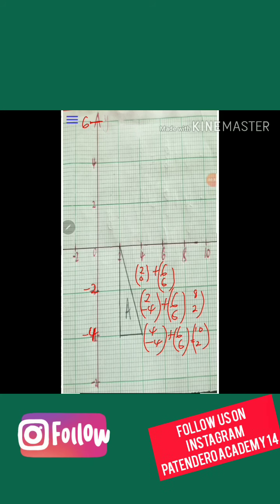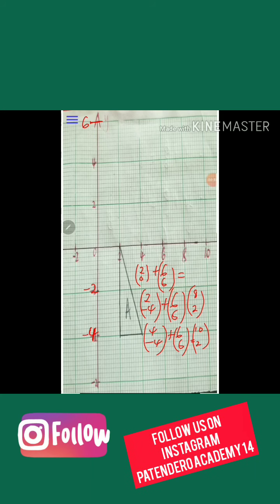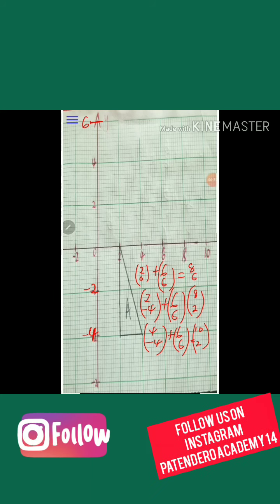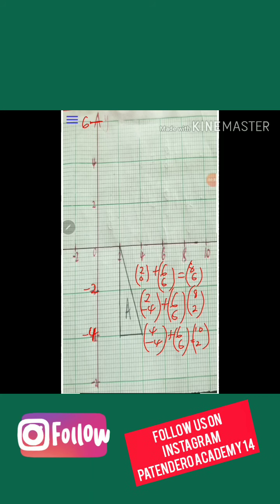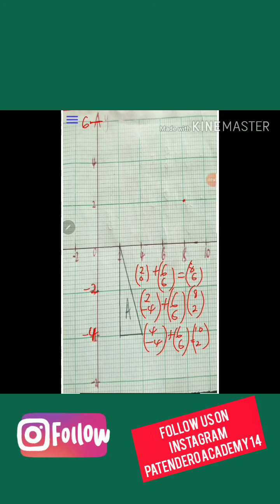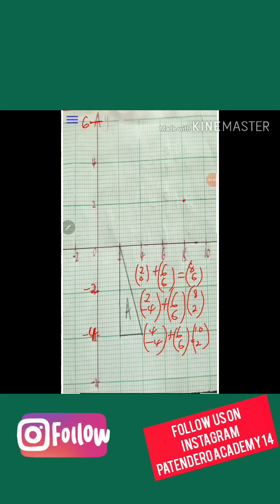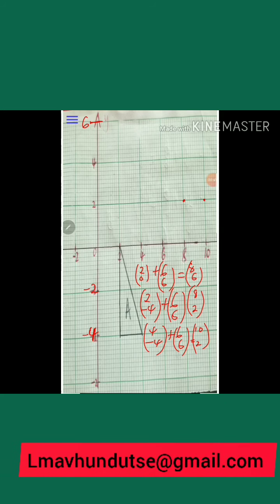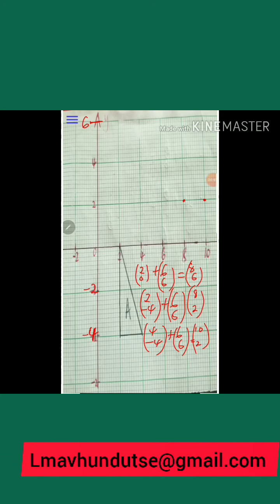Let us draw triangle B: (8, 2), (10, 2), then (8, 6).